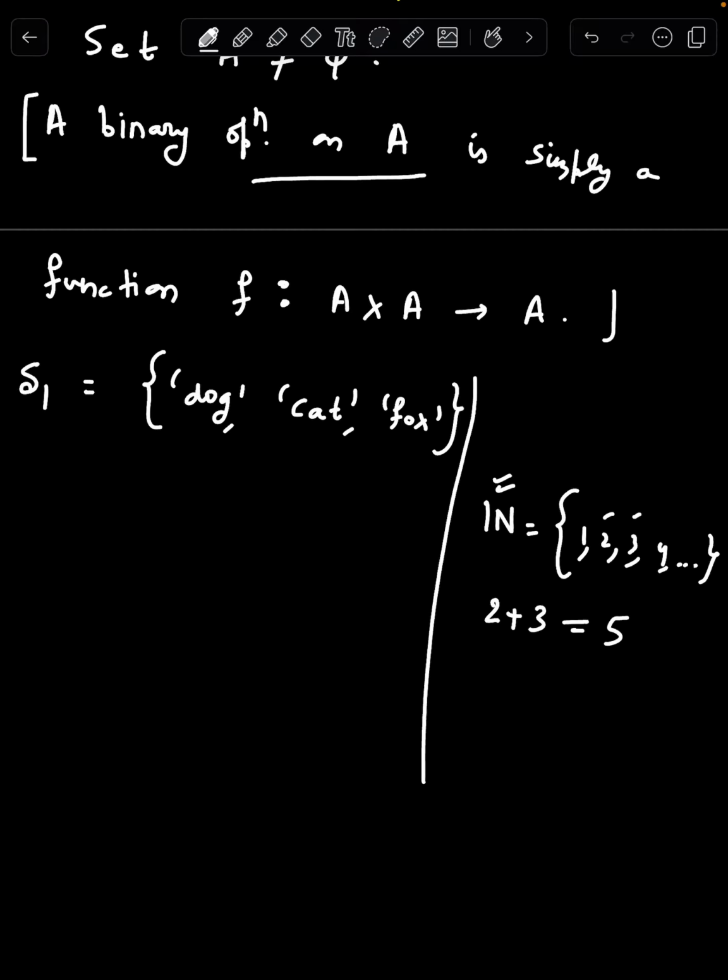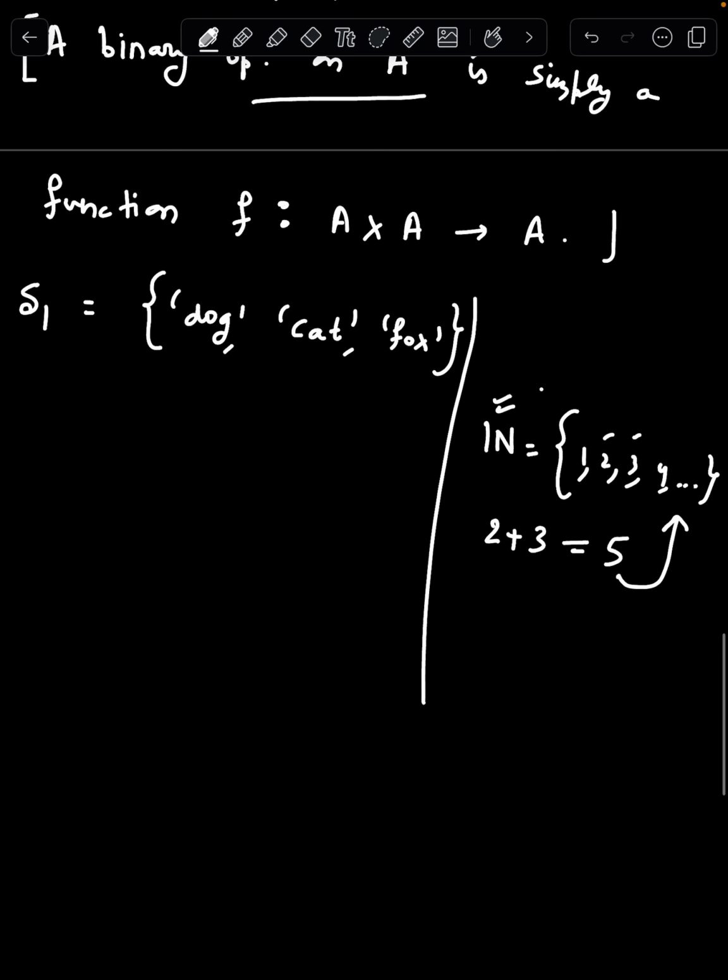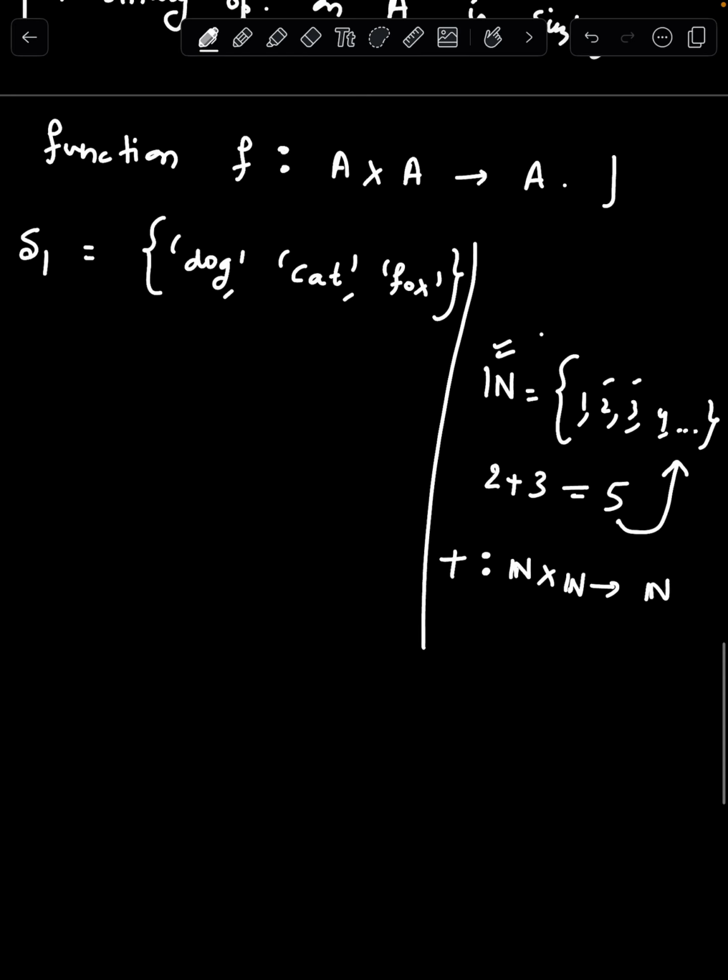That is, you're able to add two elements of N to produce a third element 5, which is inside N. So can I say that addition is basically a function from N cross N to N, because it is taking 2 and 3 and converting it into 5?